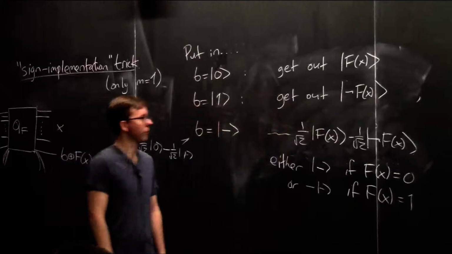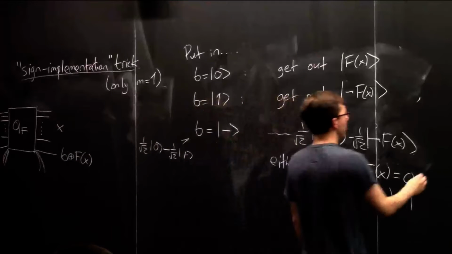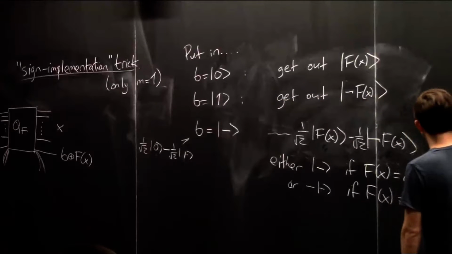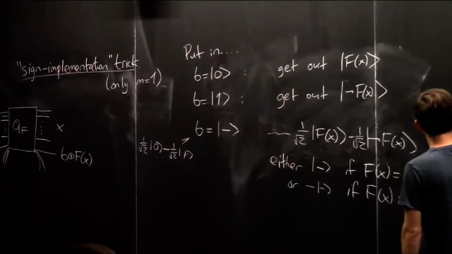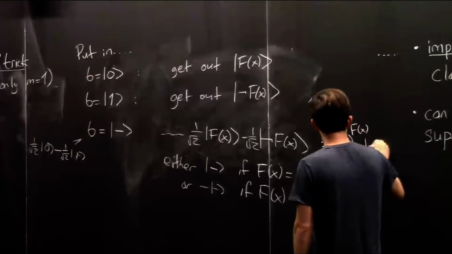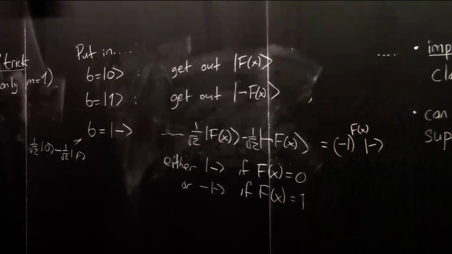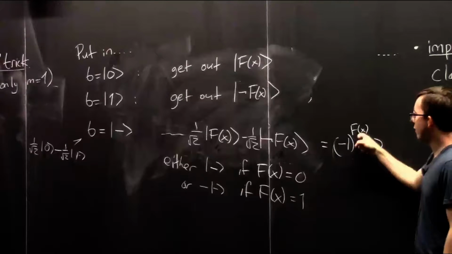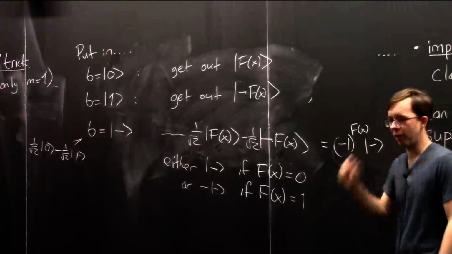In other words, to really go crazy on the symbols, it's minus 1 to the power of f of x times ket minus. This is another way to write 1 if f of x is 0 and minus 1 if f of x is 1.